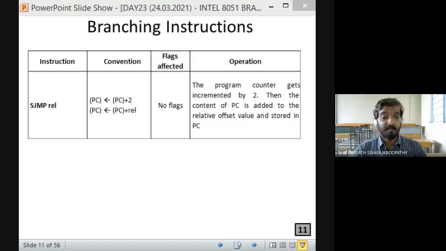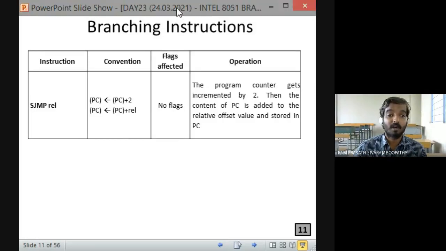Very good answer, Surya. SJMP 07. That's the correct answer. So you can jump 7 locations forward. That's all. Fine. So the relative addressing mode is only for jump. It is not available for the call instruction. Kindly note it down. So now we have discussed the unconditional jump instructions.